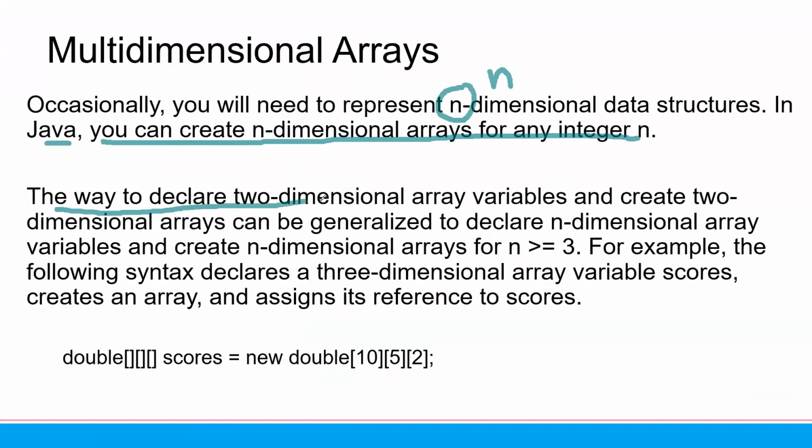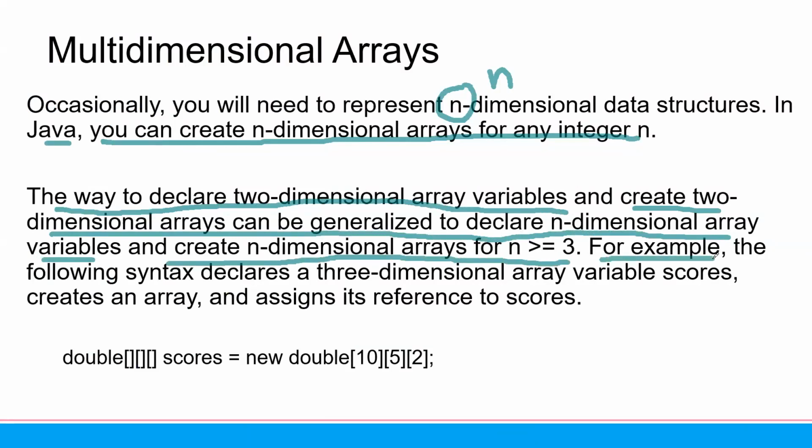The way to declare 2-dimensional array variables and create 2-dimensional arrays can be generalized to declare n-dimensional array variables and create n-dimensional arrays for n which is greater than or equal to 3.